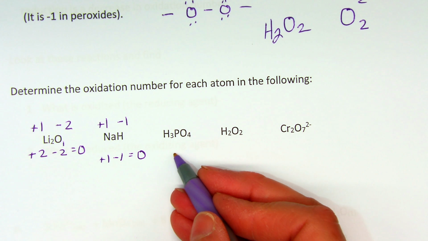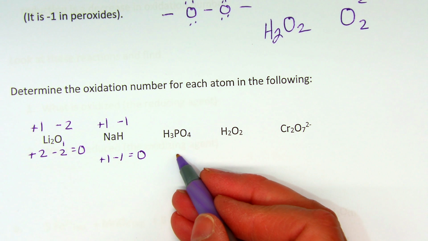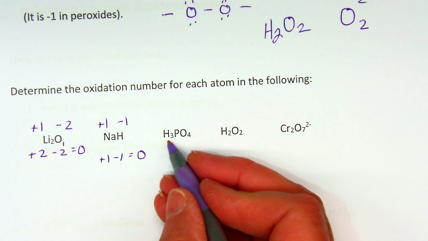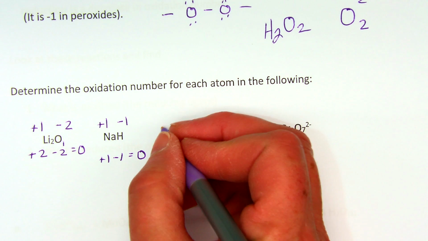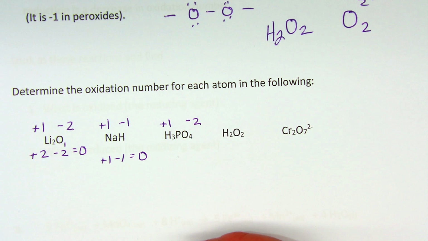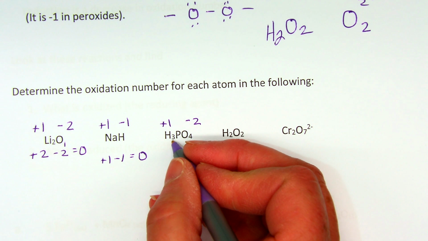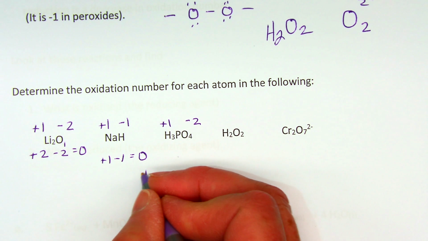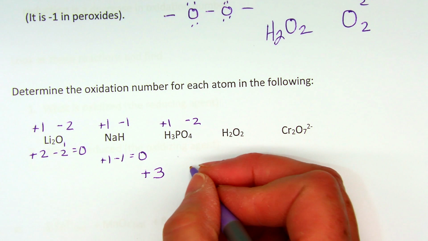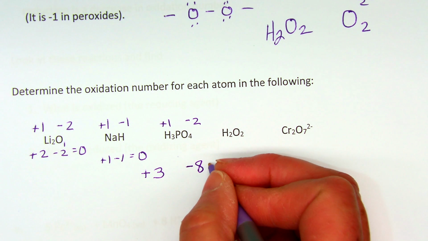Now, this next one is a little more difficult because as we go through the rules, you'll see we don't have a rule for phosphorus. So we look at this and say, okay, going down the list, the first thing I come to is hydrogen. Hydrogen's a +1 and oxygen's a -2. I don't know a rule for phosphorus. So I have 3 hydrogens with a +1, that gives me a +3. 4 oxygens with a -2, that gives me a -8.